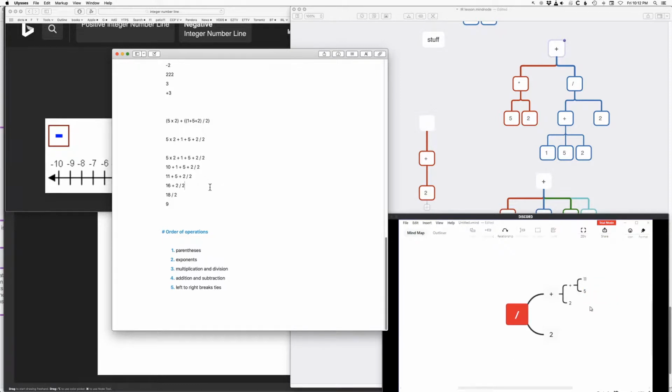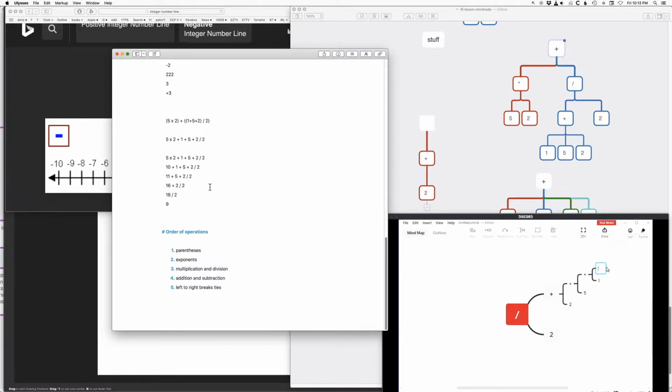Okay, 11 plus 5. How did we get 11? It was 10 plus 1. 10. 1. Okay, how did we get 10? It was 5 times 2. So this would be a times.